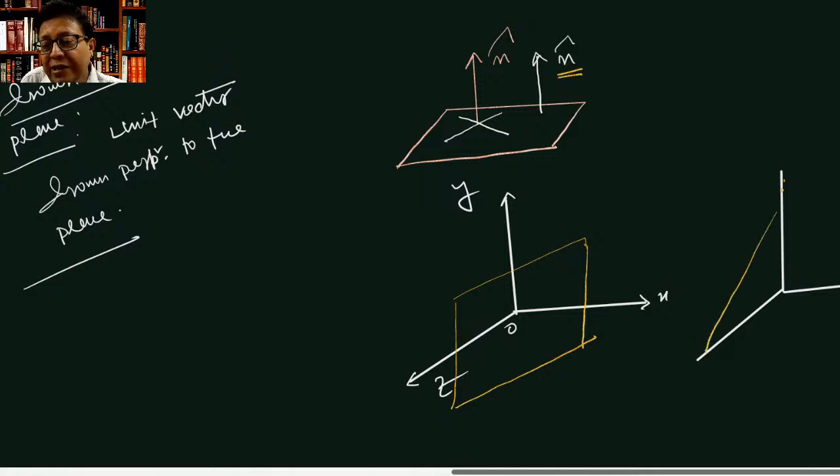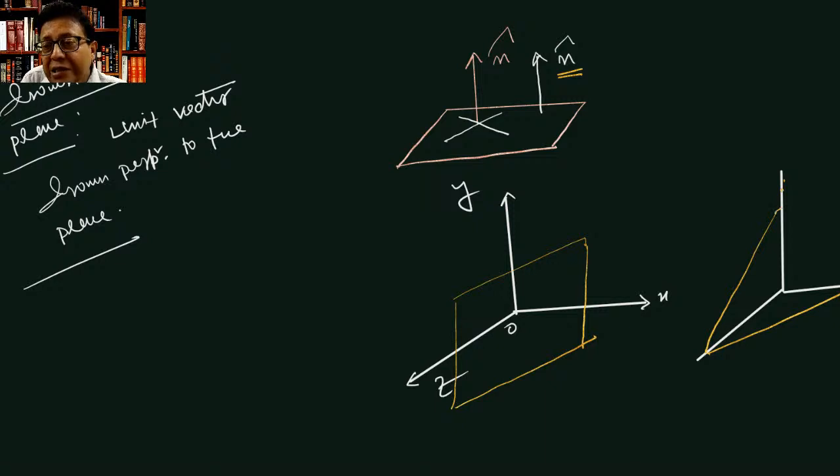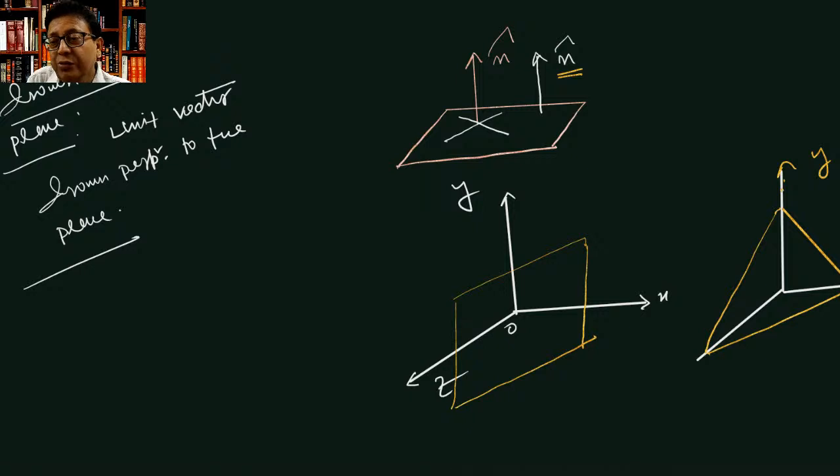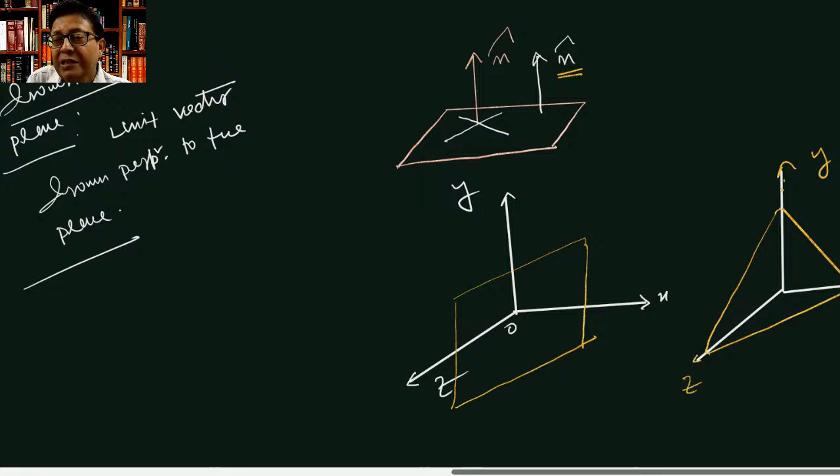This is not a triangle. This is a plane. And this plane is intersecting all the coordinate axes. This is not a triangle, this is a plane I am telling you. X, Y, Z axis. Intersecting here at A, here at B, and here at C.